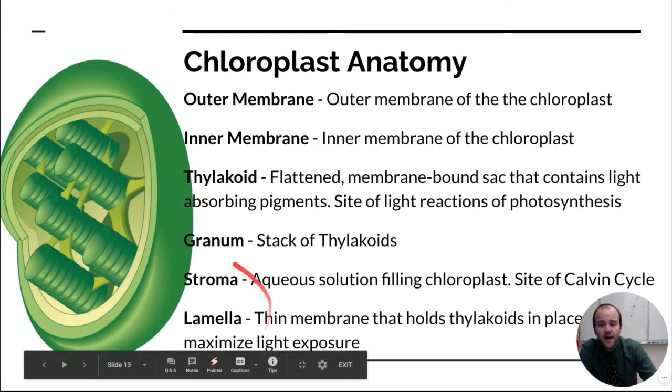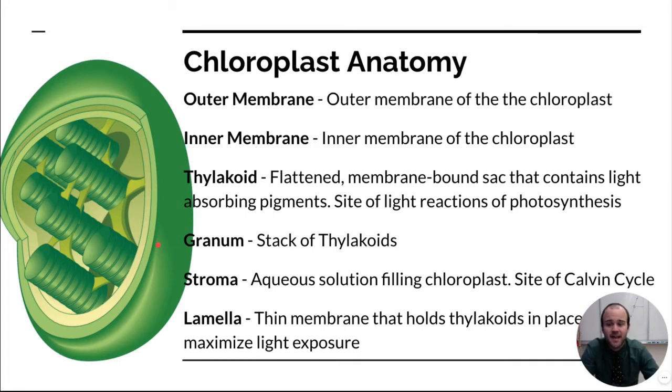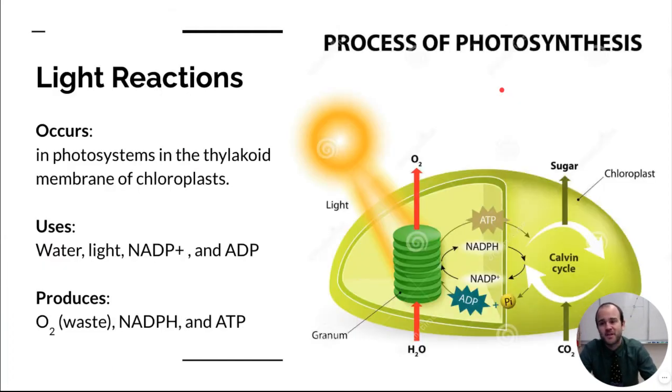And then, as I said, there's the stroma, the aqueous solution filling the chloroplast. And then there's the lamella, these thin connecting bridges that kind of hold those thylakoids in place and maximize light exposure. So this perfect little once upon a time prokaryote is now the source of all energy, or most energy, in our ecosystem, I should say.